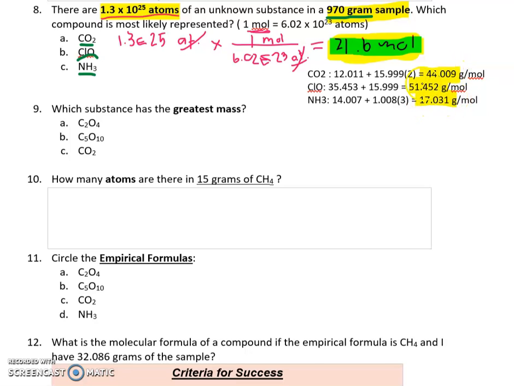So I can multiply each one of these by this many moles and see if it gets close to the 970 gram mark. So 44.009 times 21.6 is about 950 grams.